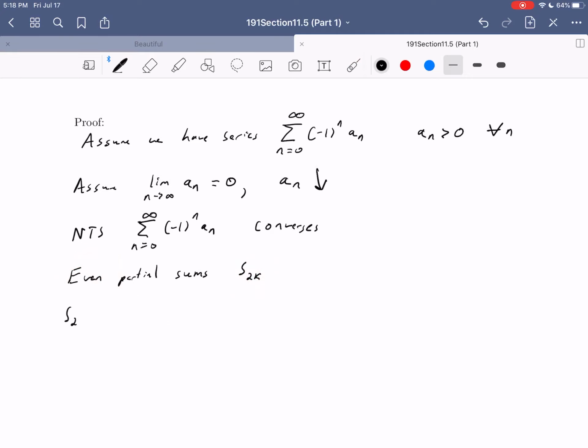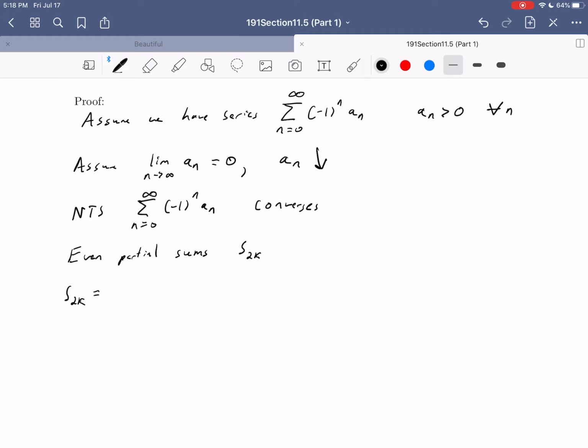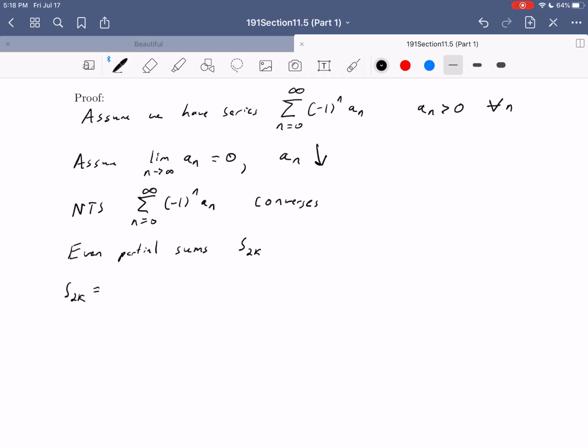Now, I could use the summation notation, but I find that sometimes is a little tricky for people to follow. So let's actually write out what s sub 2k would be. Well, you'd start at n equals 0. Of course, (-1)^0 would be 1, so it's positive, and you'd have a sub 0. So it would go a sub 0, minus a sub 1, plus a sub 2, minus a sub 3, and so on and so forth.